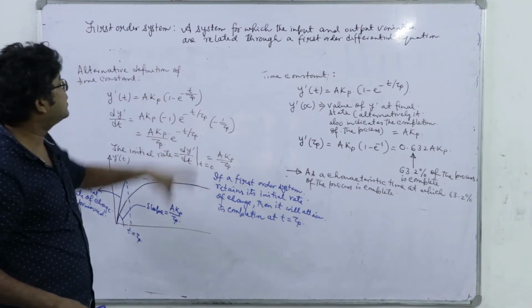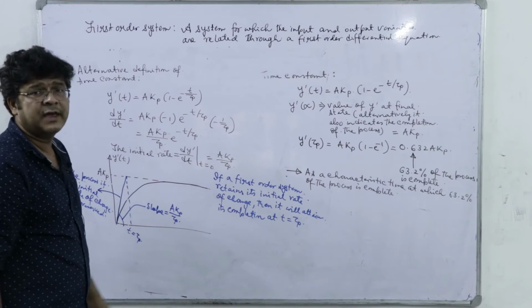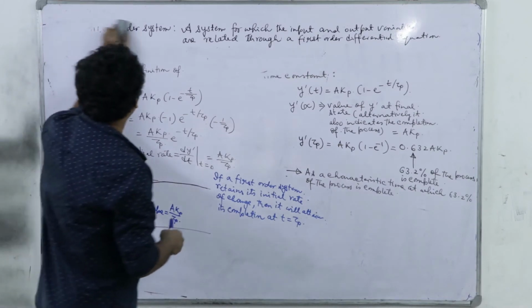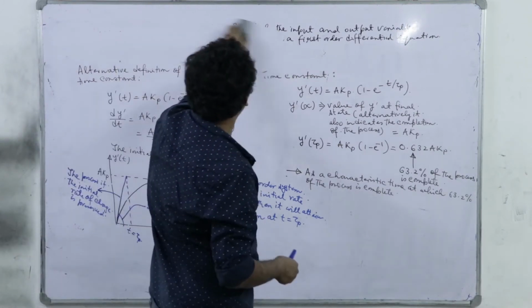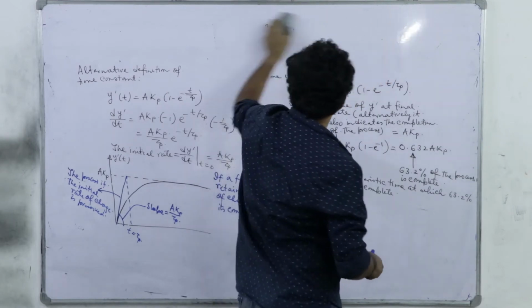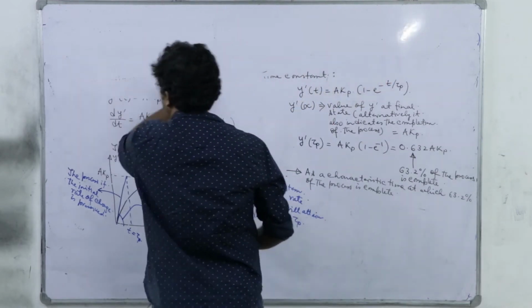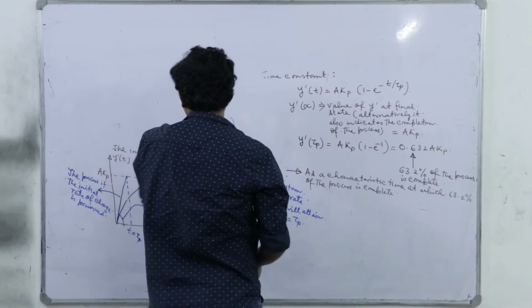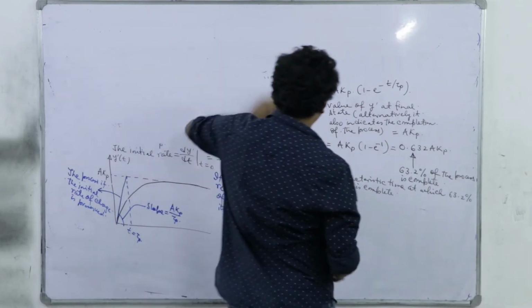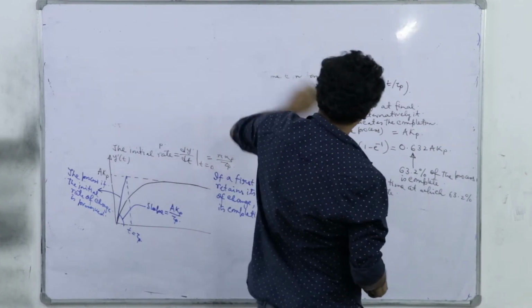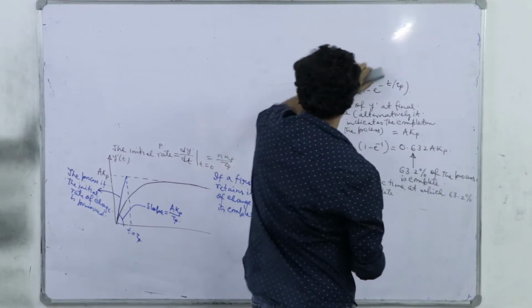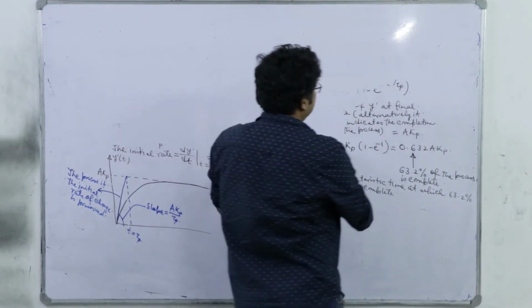Now we have to think about the physical origin of case 2 first order process, right. And elementally, what are the components upon adding which in series we get a first order process, that we have to understand physically, right.